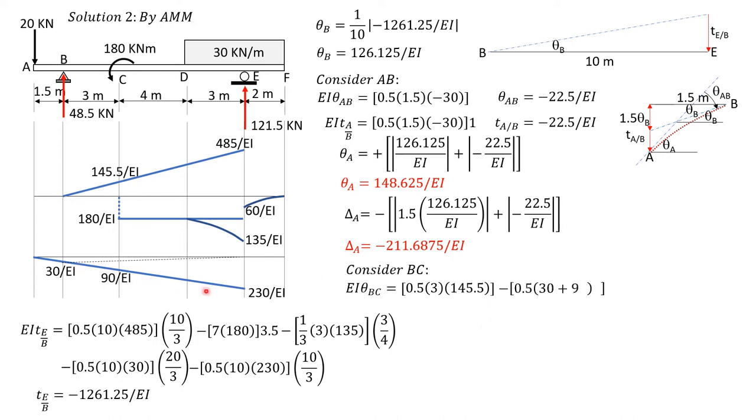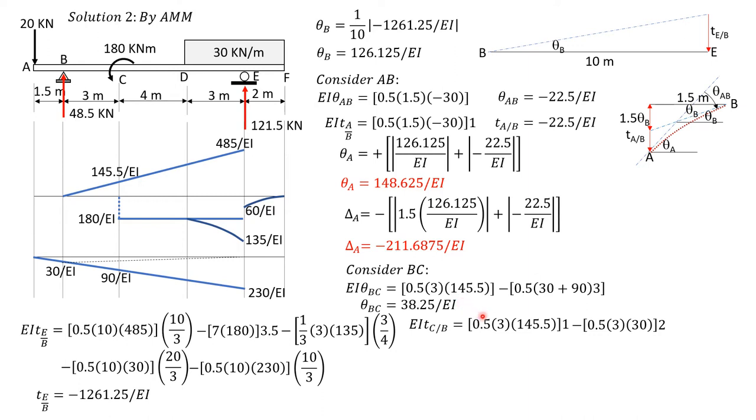Minus the quantity 0.5 of 30 plus 90 times 3. So that's the area of the trapezoid. We subtract it because the area is negative. So theta BC is 38.25 over EI. It is positive. So it means that from the tangent at B to the tangent at C, it should be counterclockwise because this is positive.